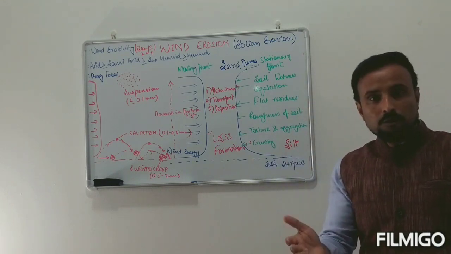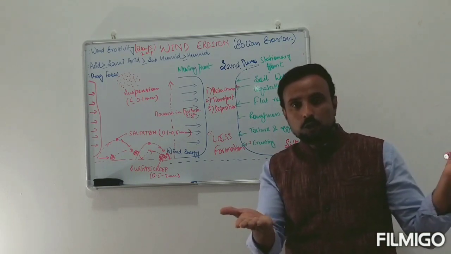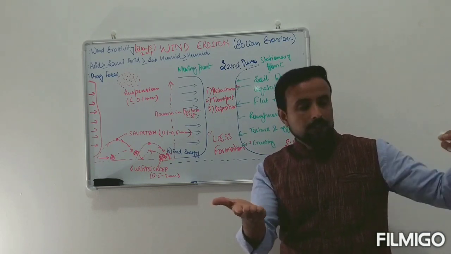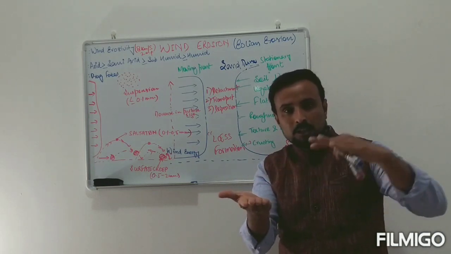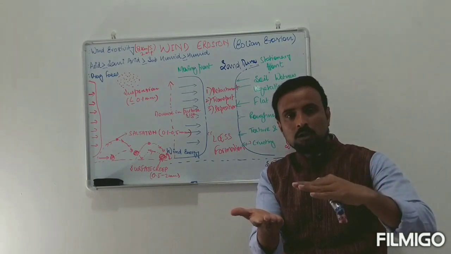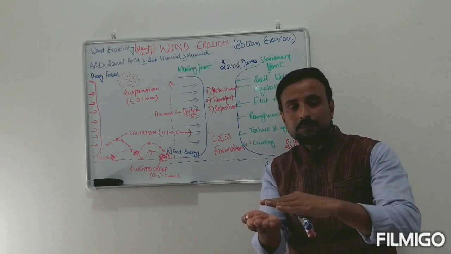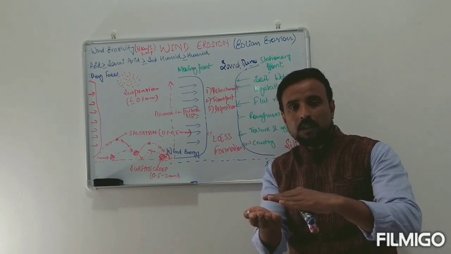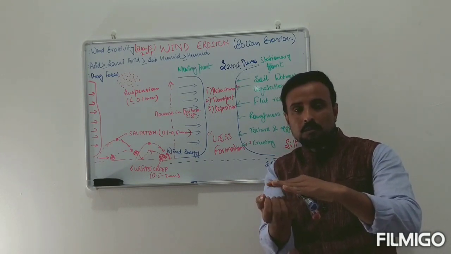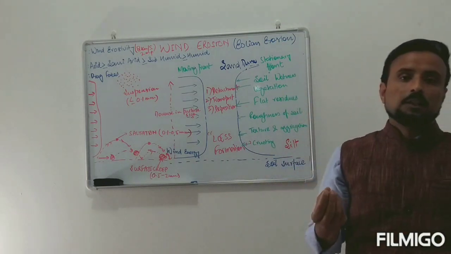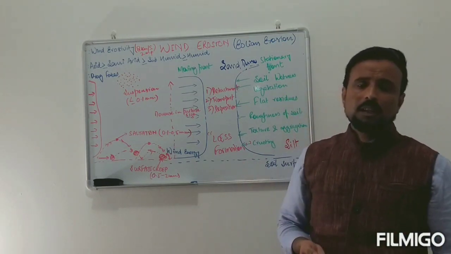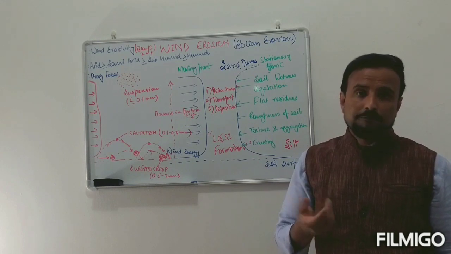When wind moves on the soil surface, suppose this is the soil surface and the wind is moving from this direction. When the wind goes a little bit down and moves over the soil surface, if the soil has more drag force, that means the soil has better roughness.